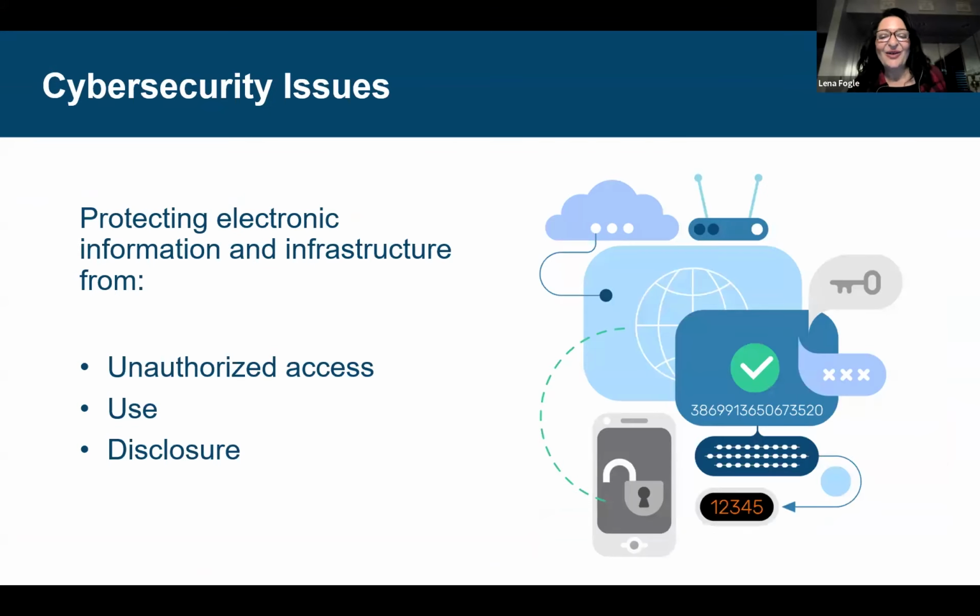And then I guess you've all probably been hearing a lot about cybersecurity issues. Hospitals are grappling with a lot of cybersecurity issues, not only protecting electronic information and infrastructure from unauthorized access, use, and disclosure, but protecting patient privacy as well.